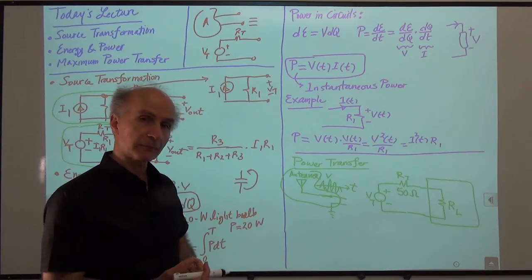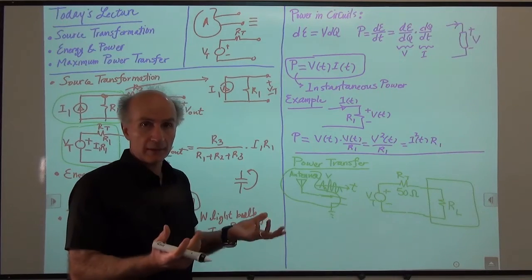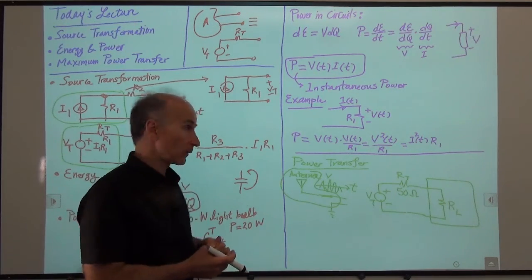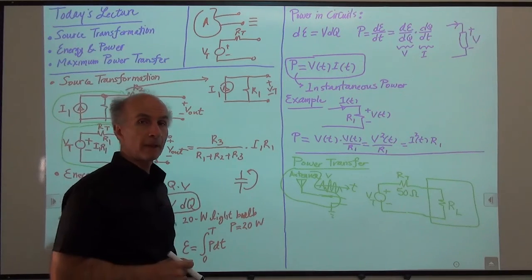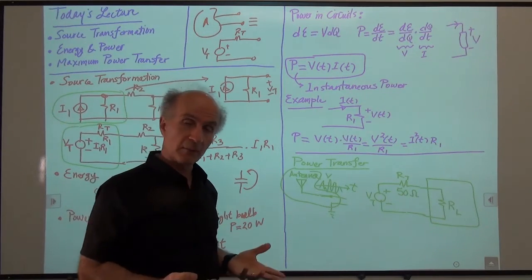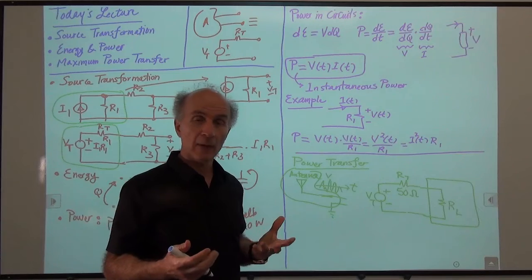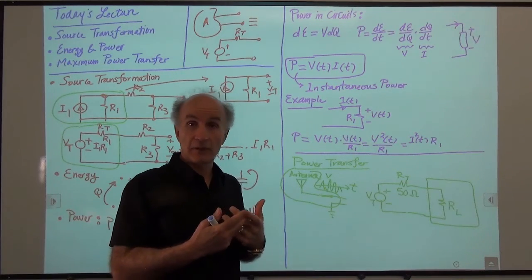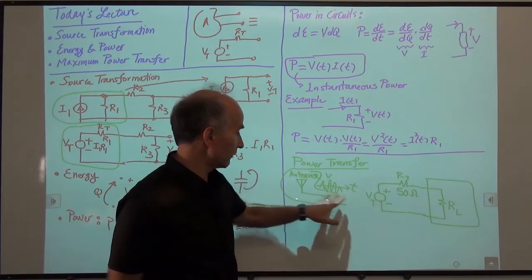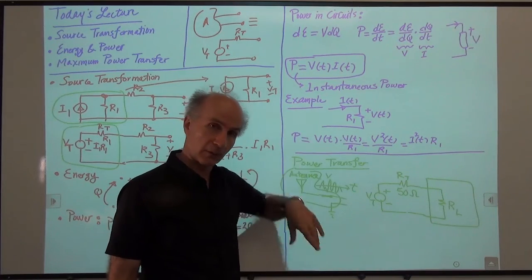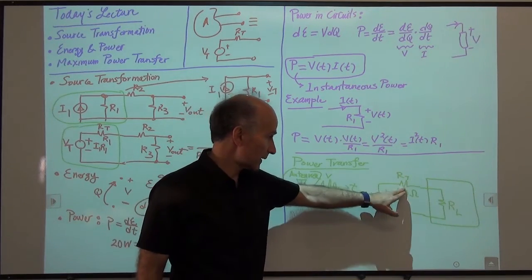All right? Okay, so that's what we're trying to find out. And that's what we call maximum power transfer. Now we say under what conditions, what does it mean? What do we have that is actually variable, that's under our control? Well, this voltage is coming from outside, so it's a certain amount of voltage. This resistance is given.